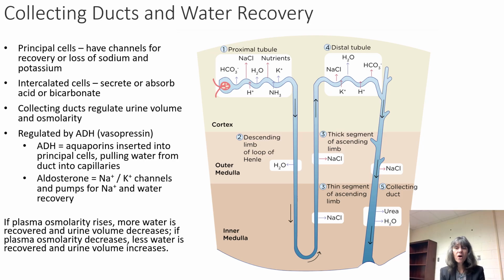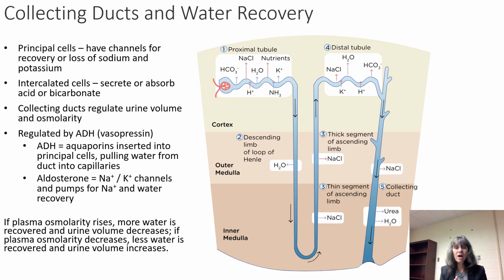Aldosterone can also work on the collecting ducts because it will cause sodium and potassium channels and pumps for sodium to become activated so that sodium moves out of the potential urine and back into the interstitium of the kidneys to be reabsorbed into blood vessels.